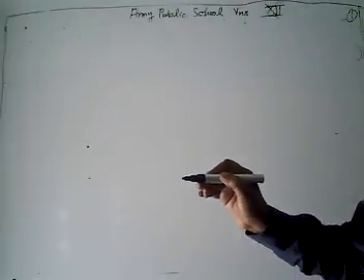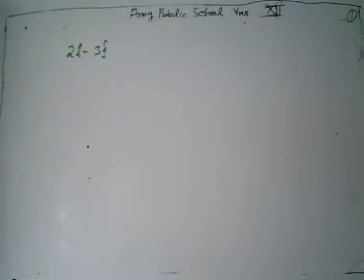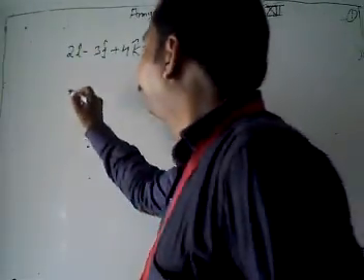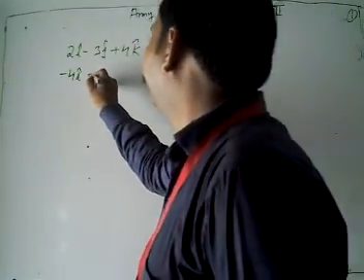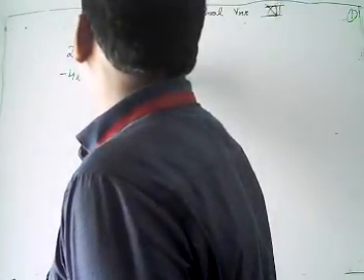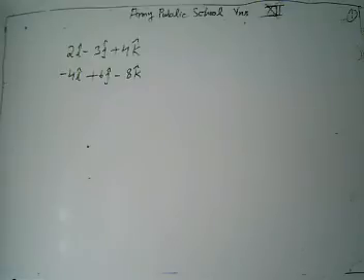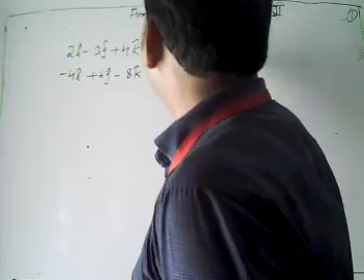The given vectors are 2i cap minus 3j cap plus 4k cap, and minus 4i cap plus 6j cap minus 8k cap. We have to show that these vectors are parallel.